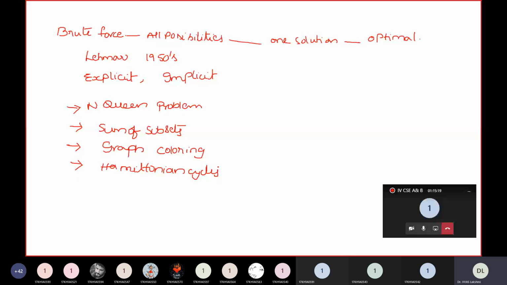And the last one is Hamiltonian cycles. All of these 4 are known as backtracking applications, and all of these 4 problems are solved with the help of the backtracking technique. So first we are going to discuss the N queen problem.